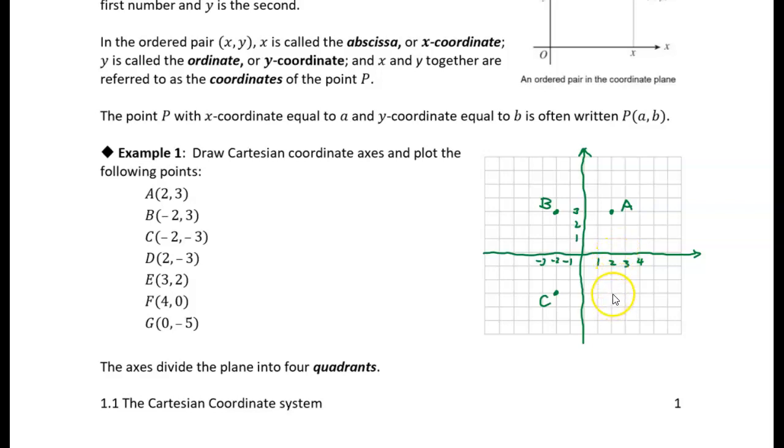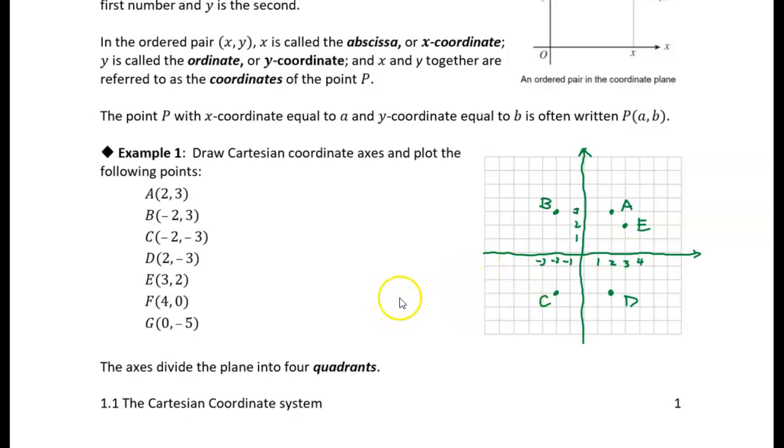So we're going to go down by 3. All right, so that's point D. Point E, the first coordinate is 3, so we're going to travel +3 in the horizontal direction, and then up by 2, so +2 in the vertical direction. So this is point E, (3, 2).